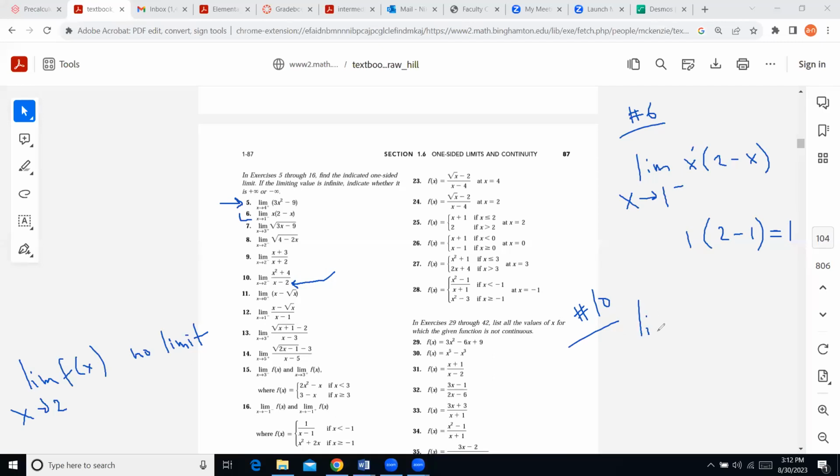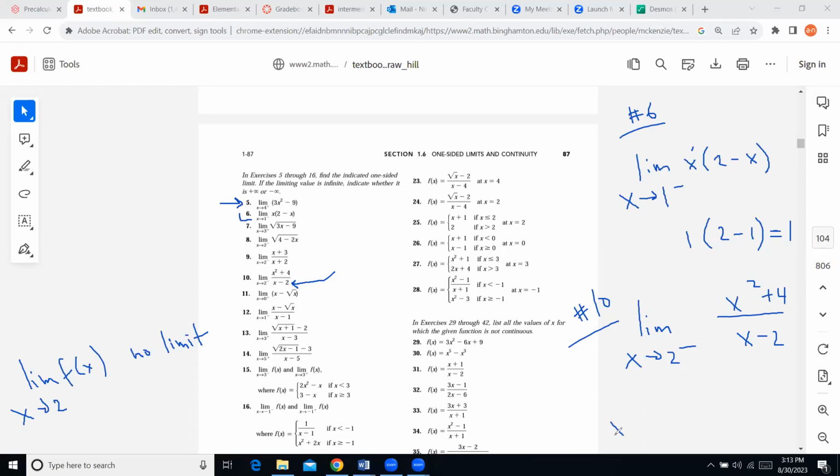And in this case, it looks like this is the case, right? Because when x goes to 2 on the left side, then the numerator is not a problem because it's not a 0, it's just going to be 4 and 4, which is 8. But in the denominator, we seem to have 0, right?